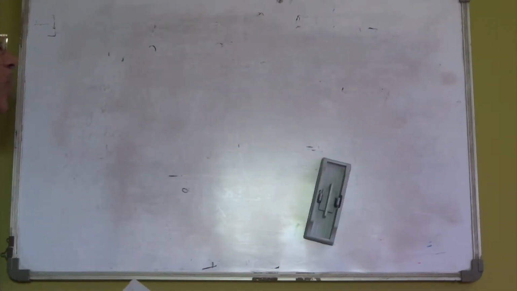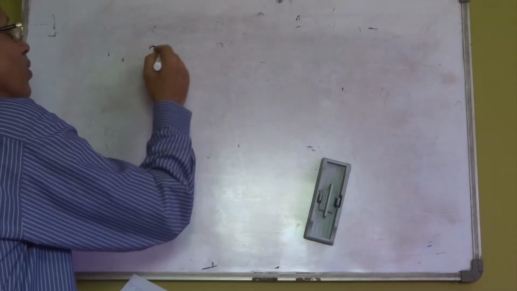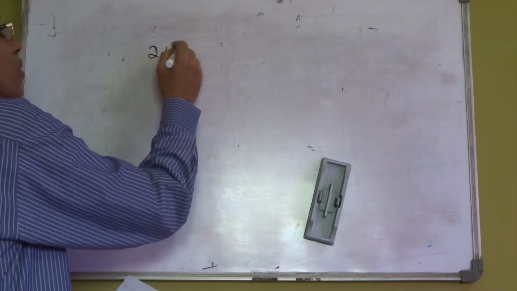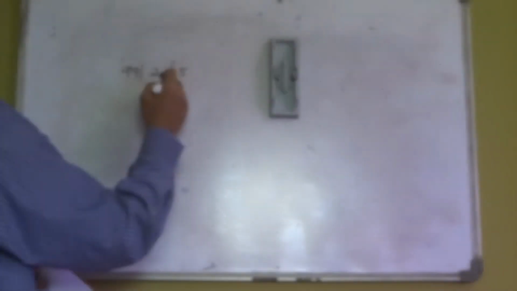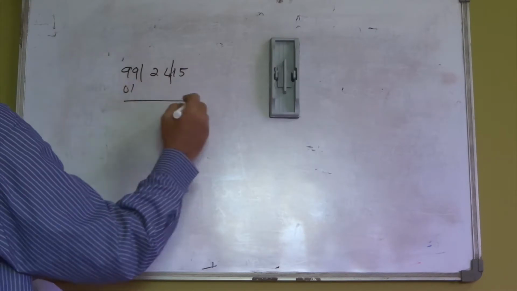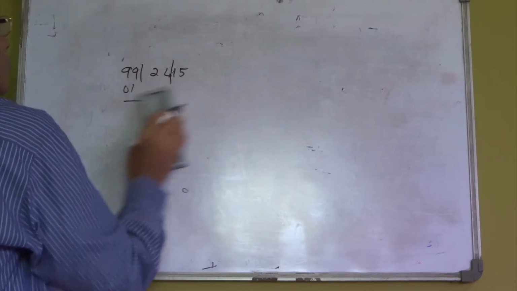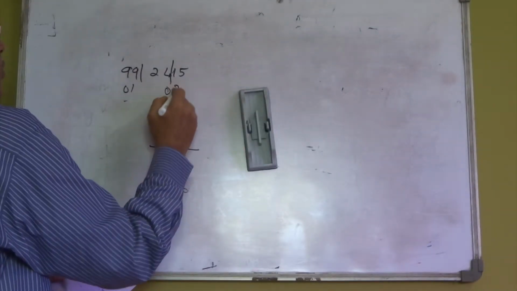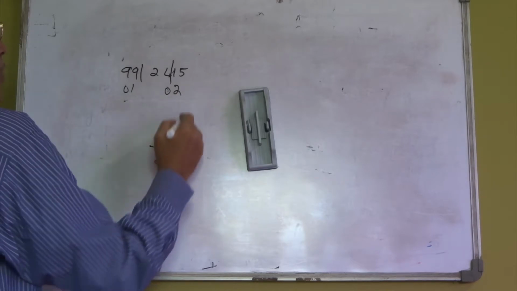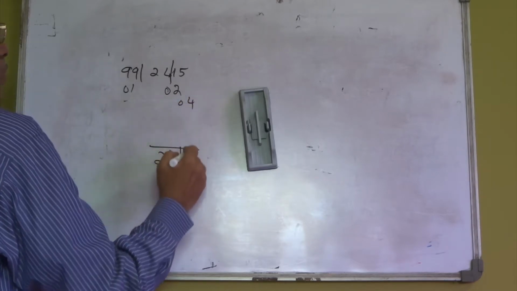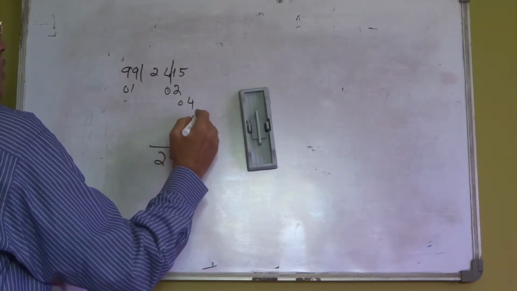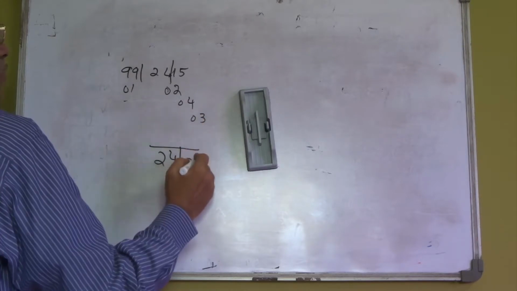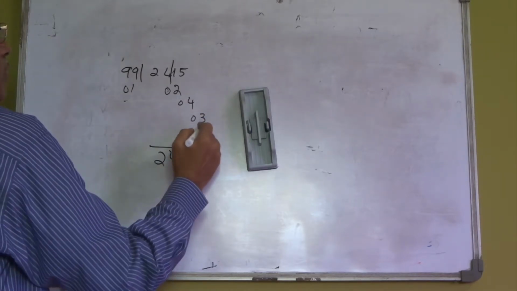Now, if you want to do it as a decimal, you use the same first problem: 89, 19. 2, 0, 2, 4, 0, 4, 3, 0, 3, 5, 4, 9, 0, 9.